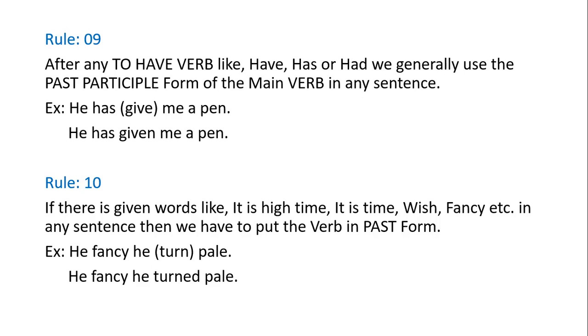Just by noticing some of the words in a sentence, you can easily find out the tense of the sentence, and you can put the verb accordingly. So these rules are really helpful. I think it will really help you in putting the right form of verbs.